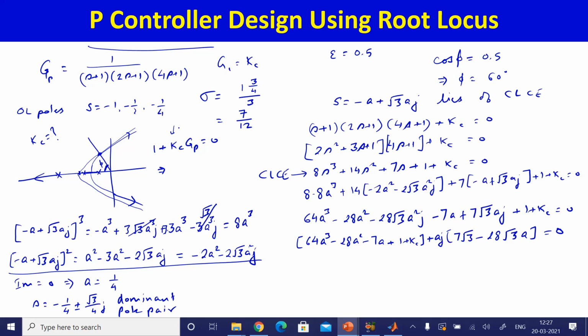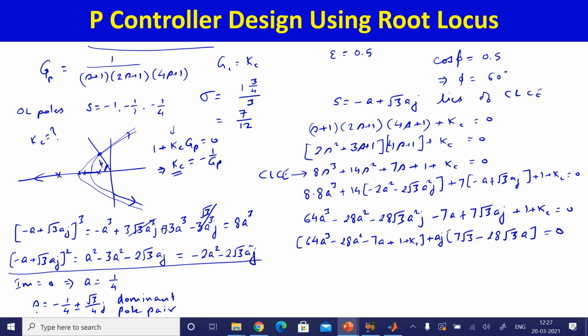So what we have is kc is equal to minus 1 by gp, and that's how you get your kc.